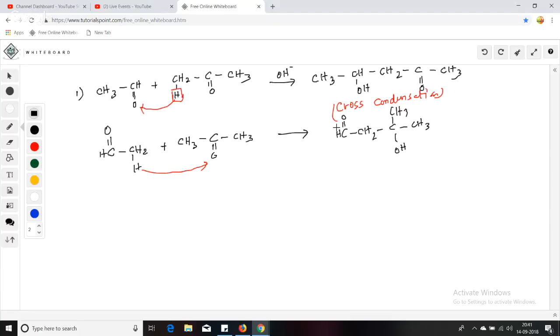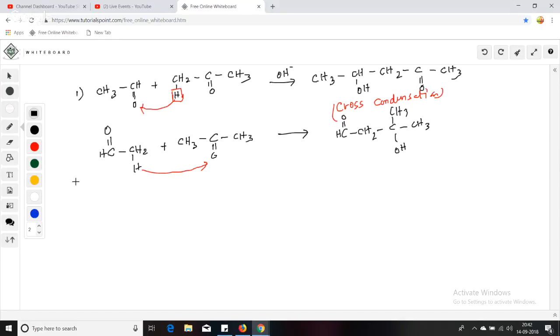So with these two reactants, we have two possible products: cross condensation when the alpha hydrogen of the ketone takes part in the reaction, and when the alpha hydrogen of the aldehyde takes part in the reaction.